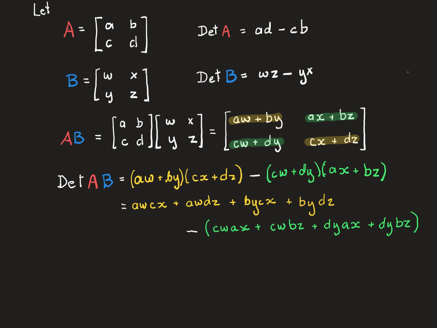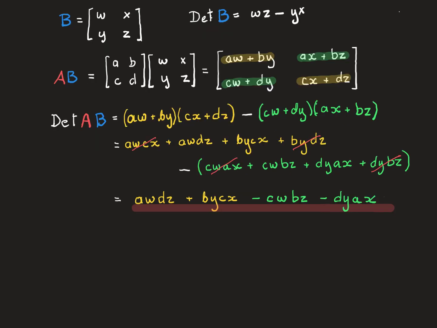So it would be safe to say that we could delete them. I can also identify BYDZ, which is written here as DYBZ. So they also can be cancelled out. And we're left with these, our four terms for determinant AB.